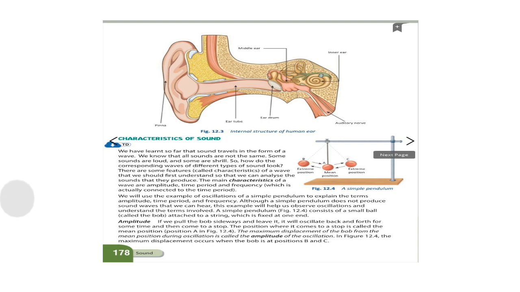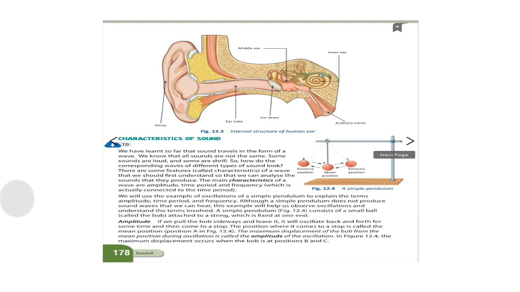First one, amplitude. What is amplitude? The maximum displacement of the bob from the mean position during oscillation is called the amplitude of the oscillation.